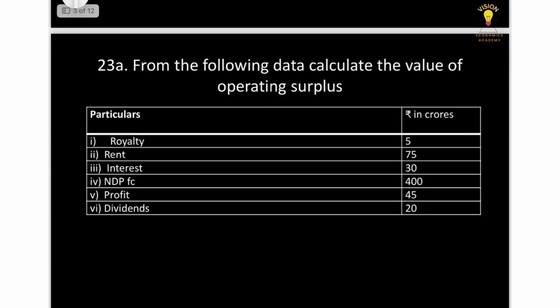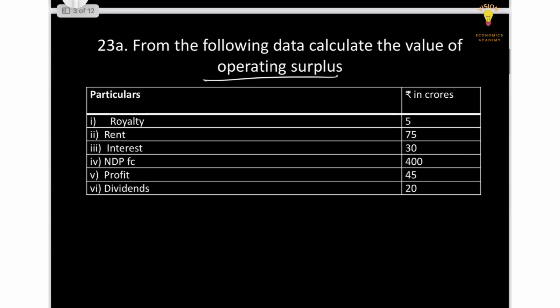Similarly, here also we need to find operating surplus. Now, operating surplus equals rent, royalty, interest, and profit. So we'll just put the sub points value here first: 1 plus 2 plus 3 plus 5.